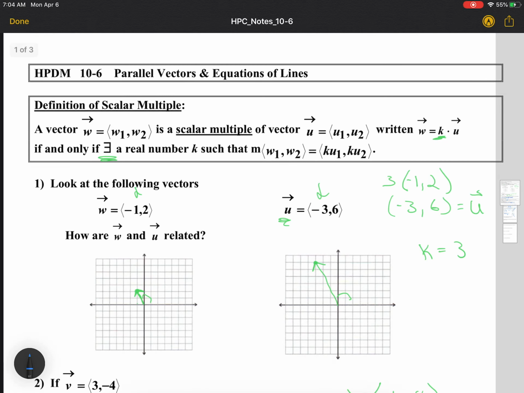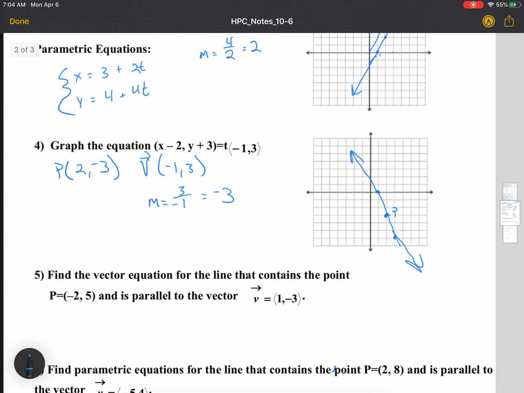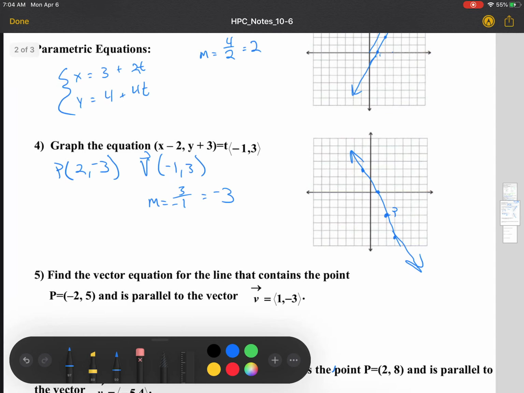All right, if we had the vector -1, 3, it would be this way. Oops, I actually messed that one up, didn't I?